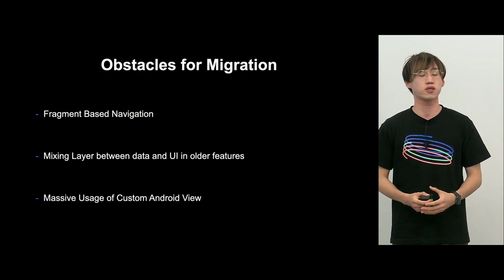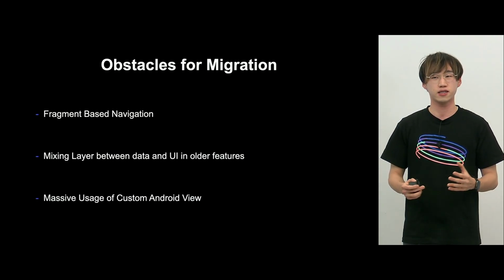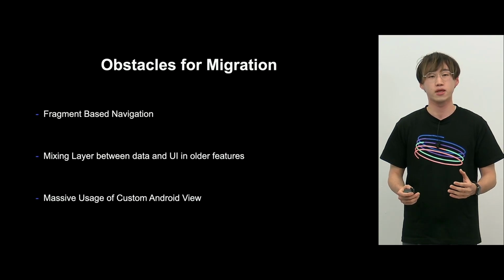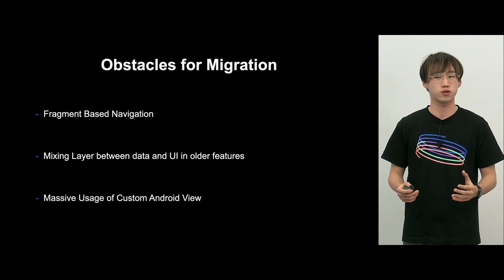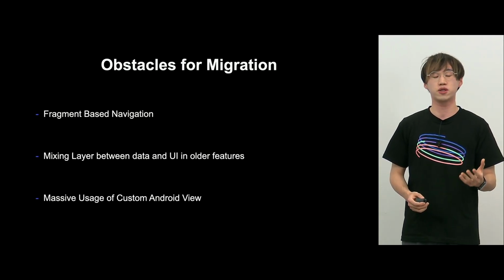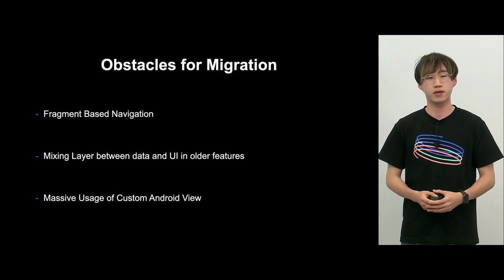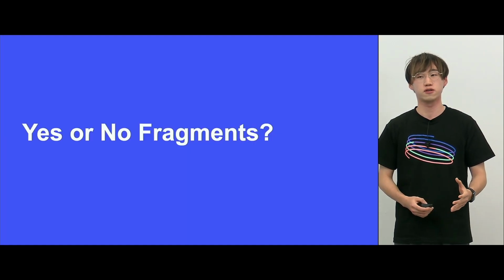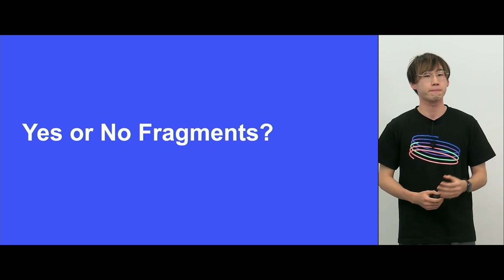However, after a closer look at the actual code base, we discovered another problem. Major problems were fragment navigation, mixed layers, and the use of custom Android views. Let me explain one by one. Let's start with fragments.